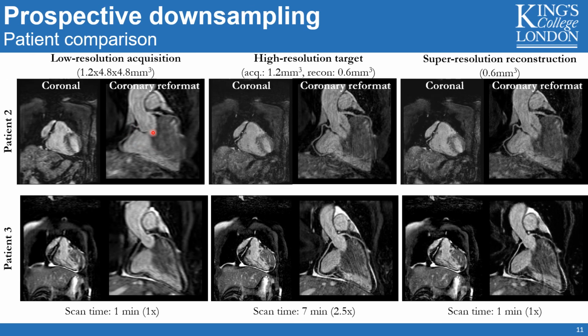We also see good depiction of the coronary arteries in two further subjects, also in cases where fat saturation was impaired, going again from the low resolution acquisition to the super resolution reconstruction to a sub-millimeter resolution. Please note that the scan time for acquiring the low resolution data was around 1 minute in comparison to the 7-minute acquisition for the high resolution target.